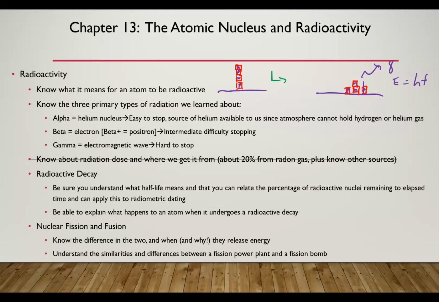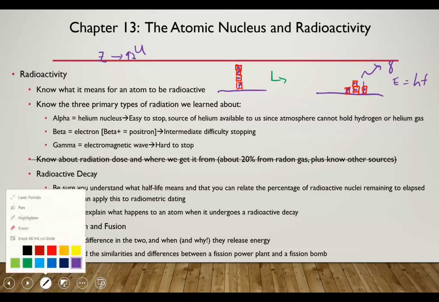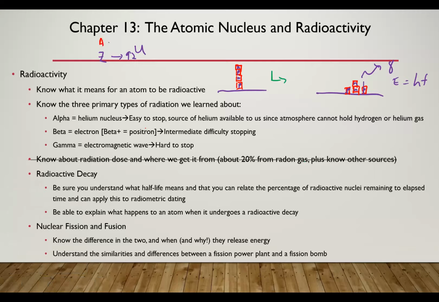So imagine you have the uranium that has an atomic number of 92. That means it has 92 protons in the nucleus, and it has an atomic mass of 235. That means the number of protons plus neutrons in the nucleus is 235.